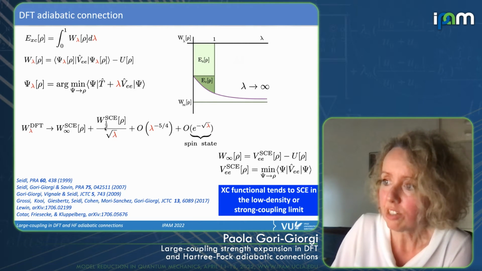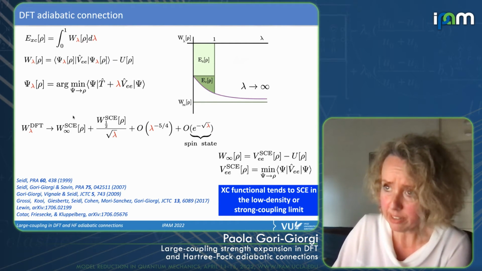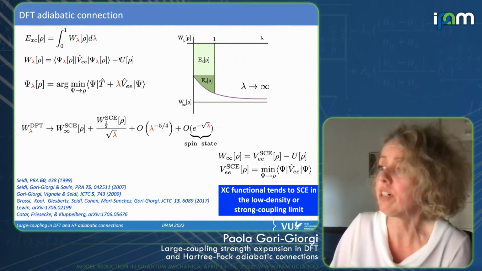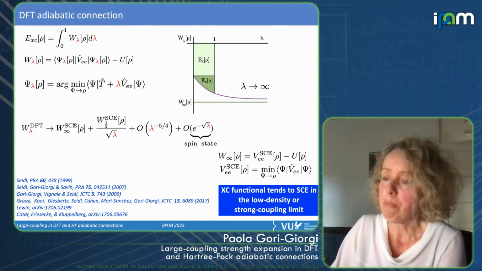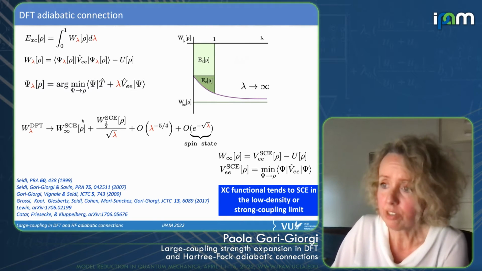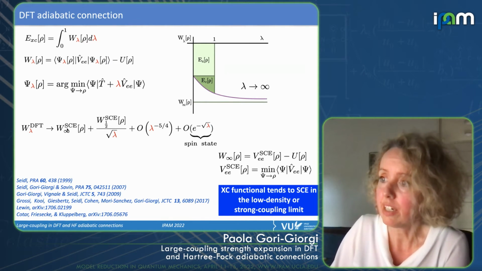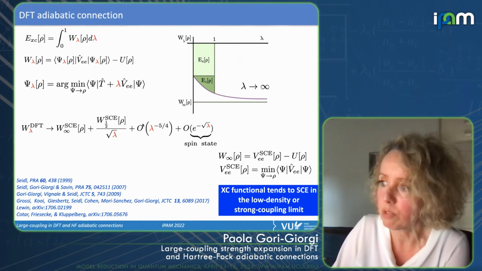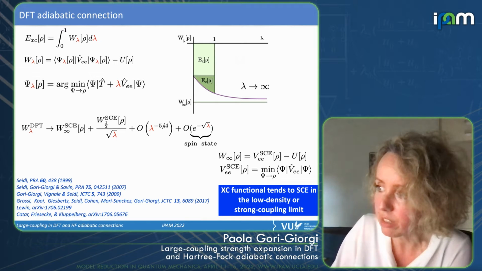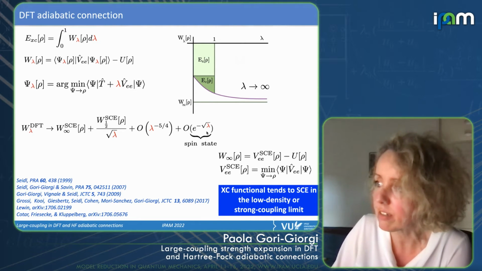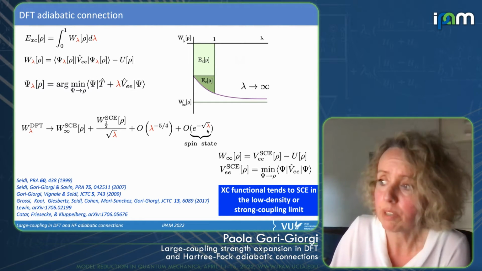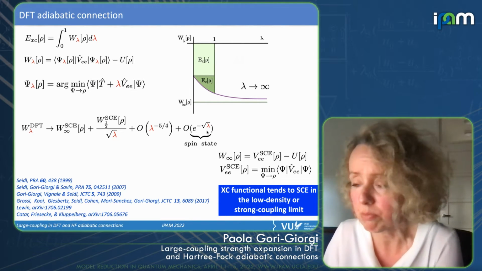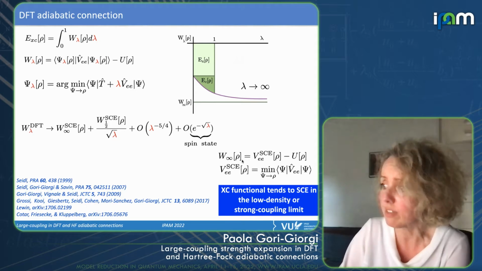So we know that at large lambda, this so-called adiabatic connection integrand that I defined earlier has this kind of expansion where this is the leading term, and then we have a sort of zero-point oscillations, and we also know that the next term will be of this sort, and then there will be this kind of exponential terms that will distinguish, for instance, between fermions and bosons or between different spin states.